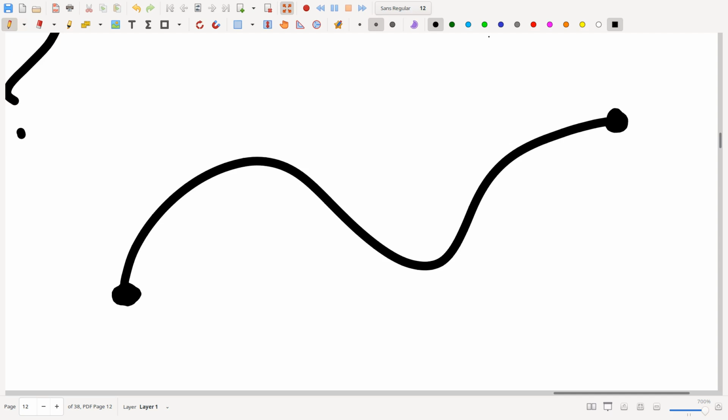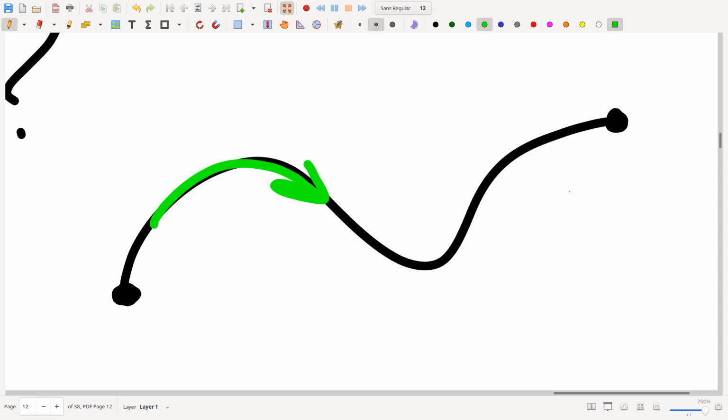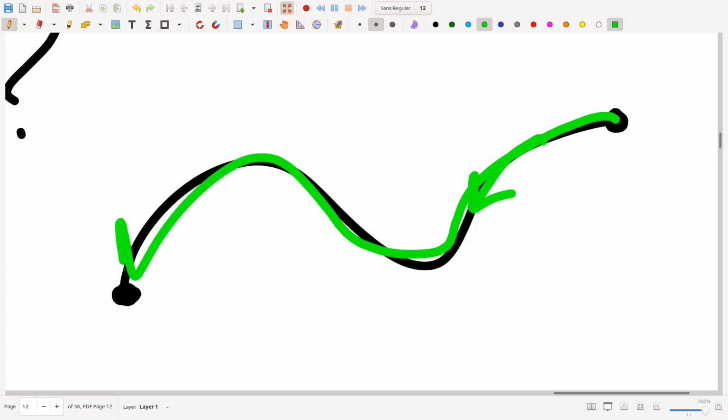Now, I can parameterize this curve a bunch of different ways, but fundamentally, if I parameterize the curve this way, then I'm going to have an answer to the question of how much work does it take to move that direction along the curve. On the other hand, if I parameterize the curve this way, then I'm going to get an answer to the opposite question of how much work does it take to move that way along the curve. And they're just not the same.